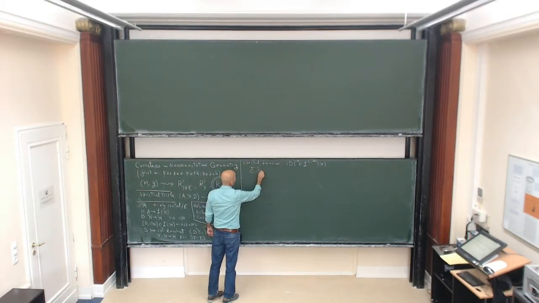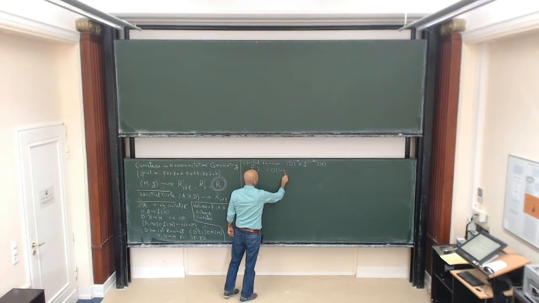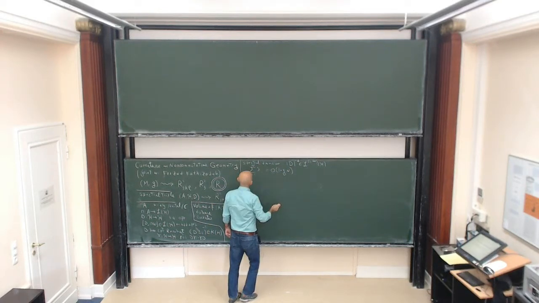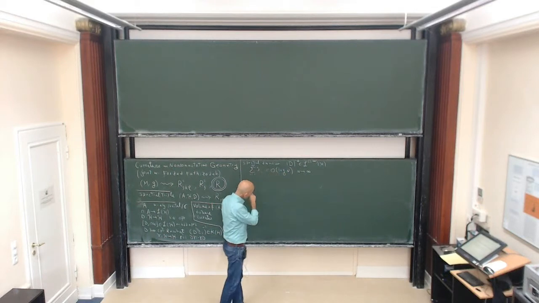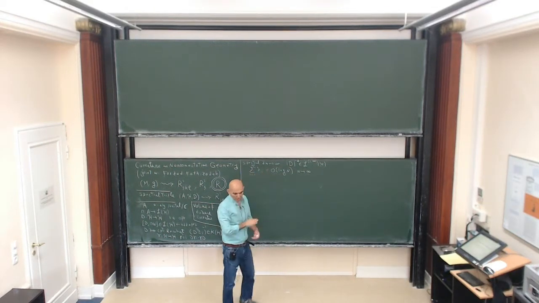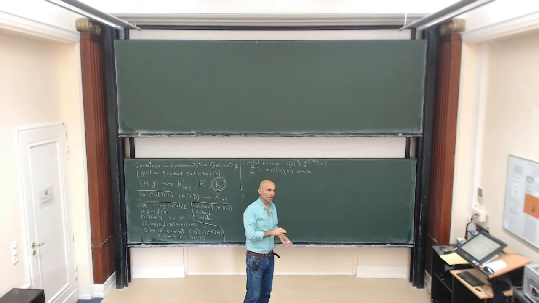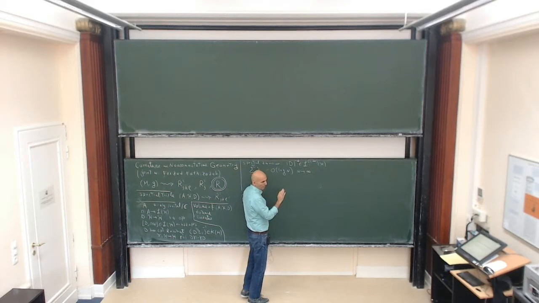The sum of lambda_i, i from 1 to n, is essentially O of log n as n goes to infinity. You shouldn't worry about the inverse of D, because D has finite kernel. You throw away the kernel, and then the issue is independent of throwing away that finite dimensional kernel.